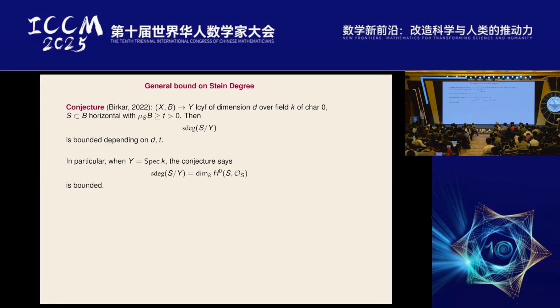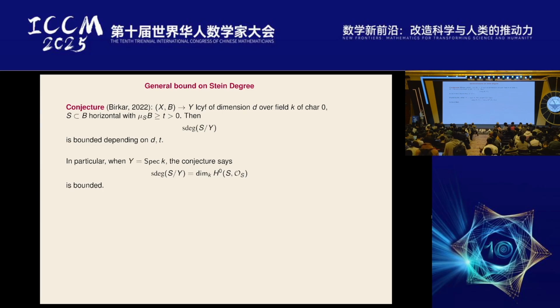It says that, let's say if we take the base to be just a point, the spectrum of our field K, then this conjecture is saying that for any such component, the Stein degree, in this case, is precisely the dimension of the structure sheaf of this component over our ground field K. This should be universally bounded. So it tells something arithmetic.